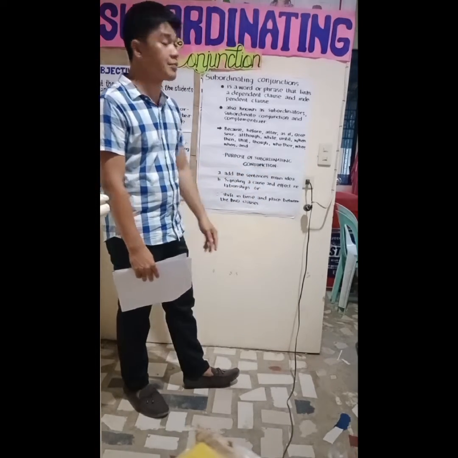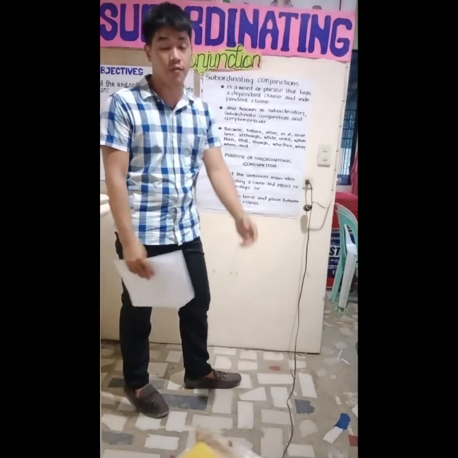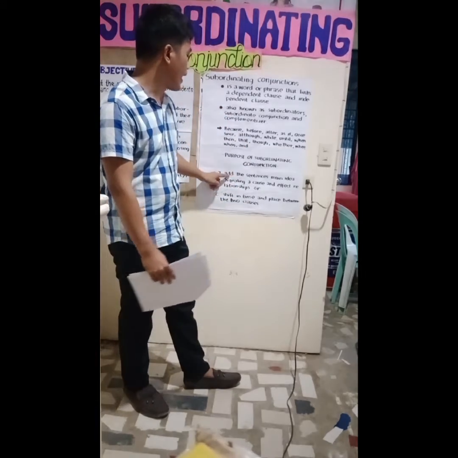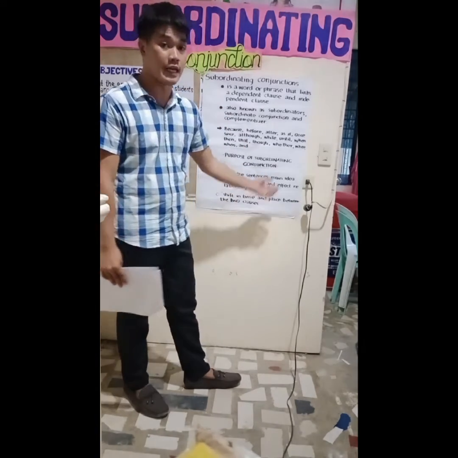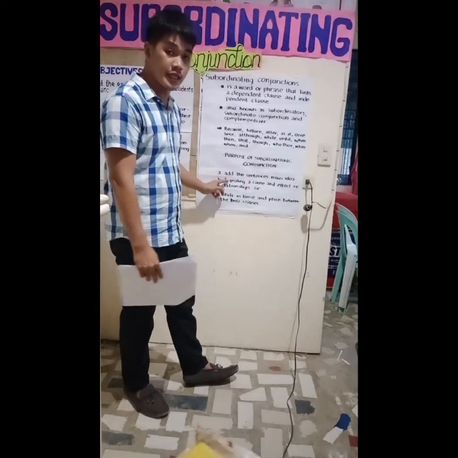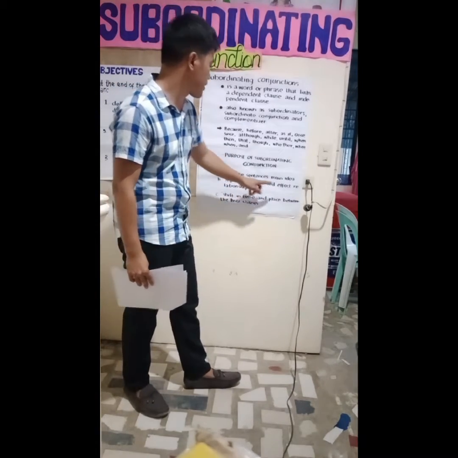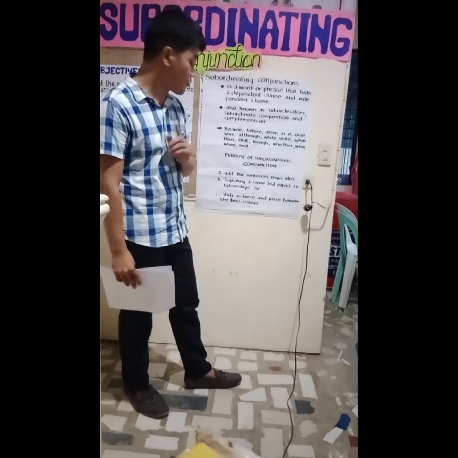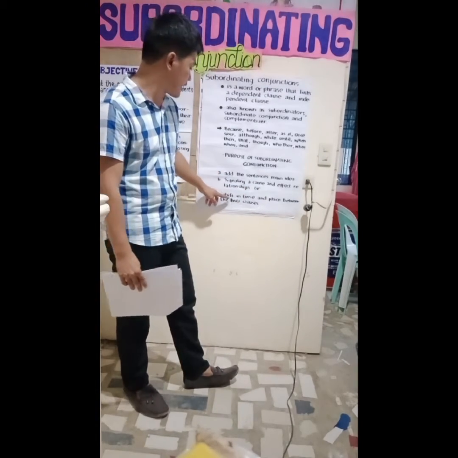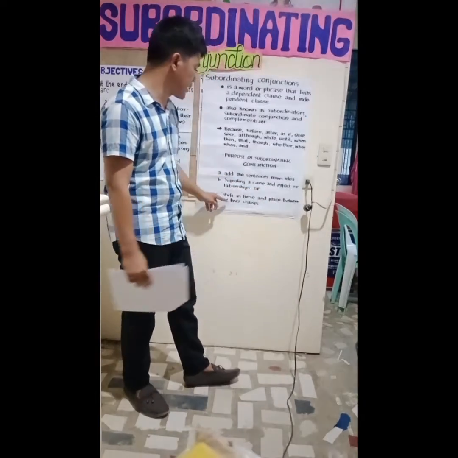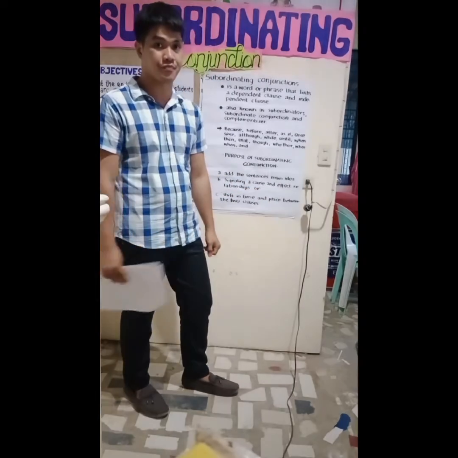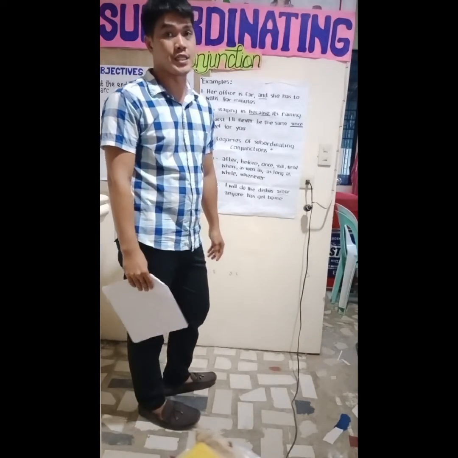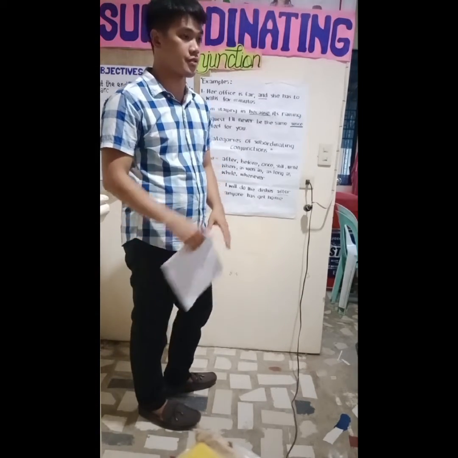In the purpose of subordinating conjunction, there are three purposes. First, add to the sentence's main idea. Second, signaling a cause and effect relationship. And the third one is shift in time and place between the two clauses. These are examples of the purpose of subordinating conjunction.